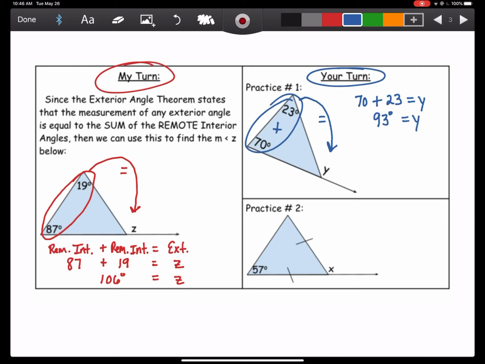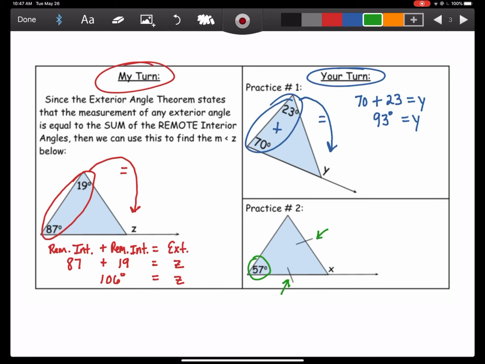Okay. Number 2, practice number 2. Now in this case, which angle are we looking for? Okay, we're looking for the X. But what's different about this one? What's different about this one is it looks like we only have one given angle. But that's not true. Okay? We've been told something about the sides.